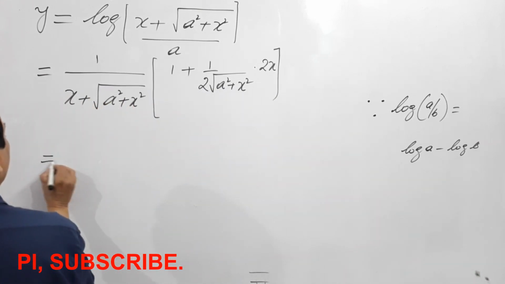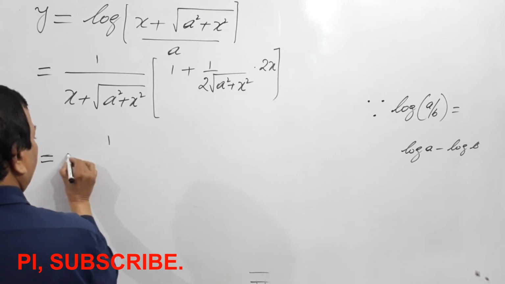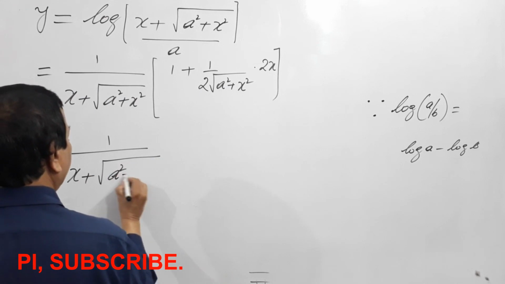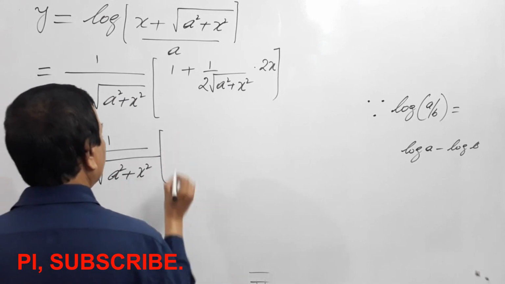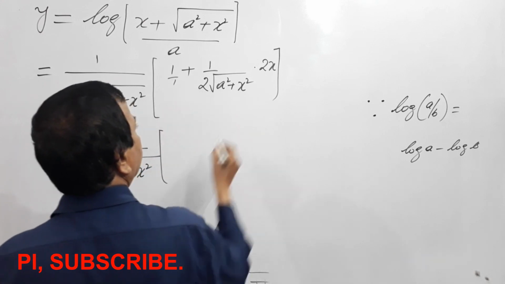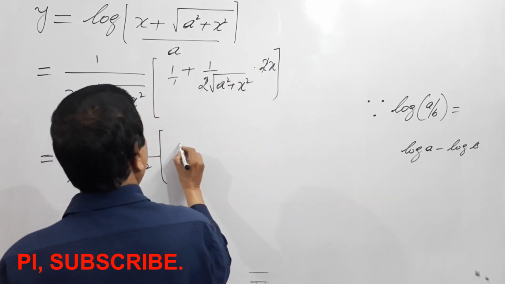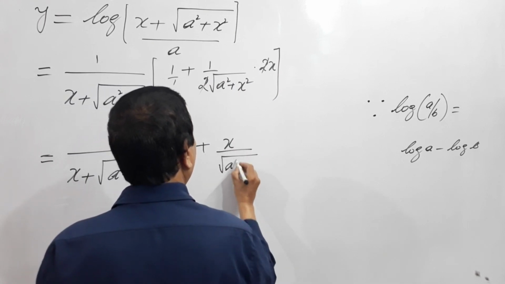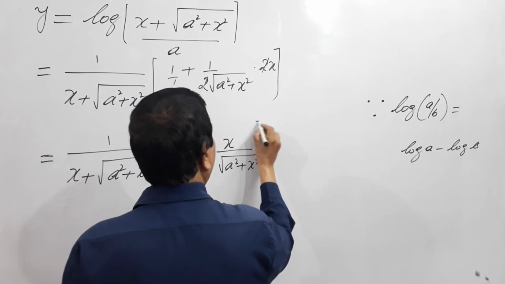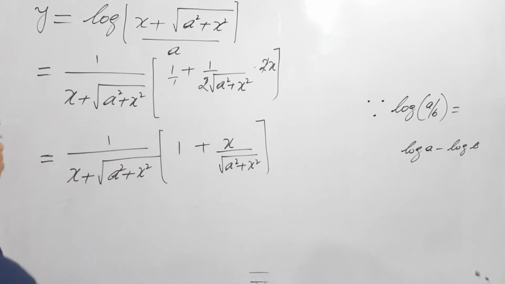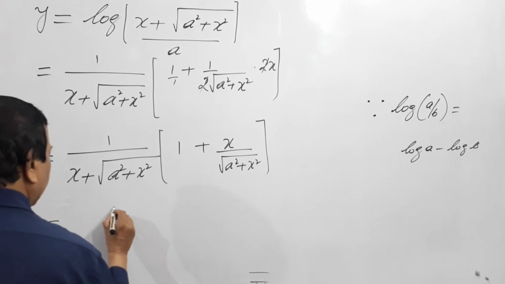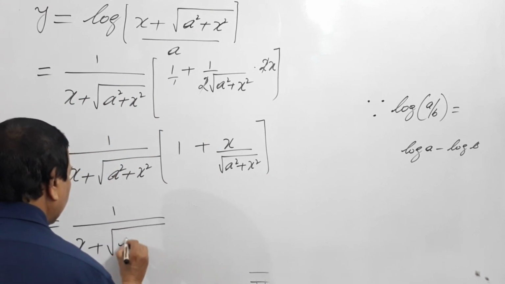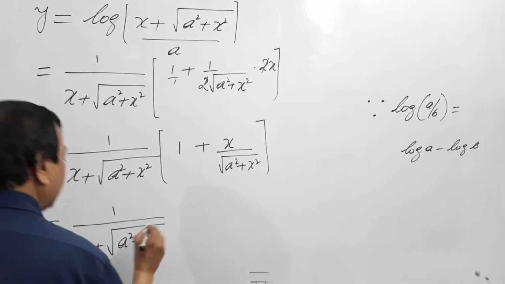So this equals what? 1 by x plus under the root a square plus x square. So I'll take LCM. This 2 cancels. So that is 1 plus x by under the root a square plus x square. So this equals 1 by x plus under the root a square plus x square.